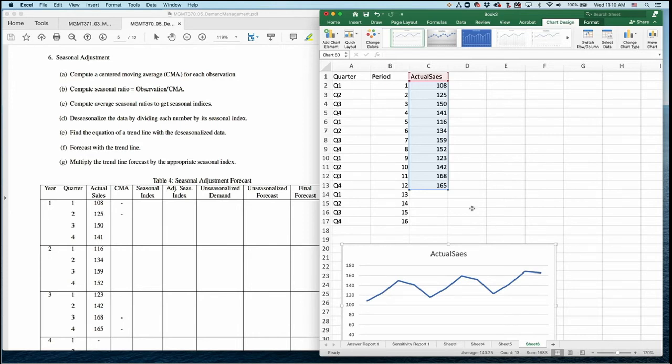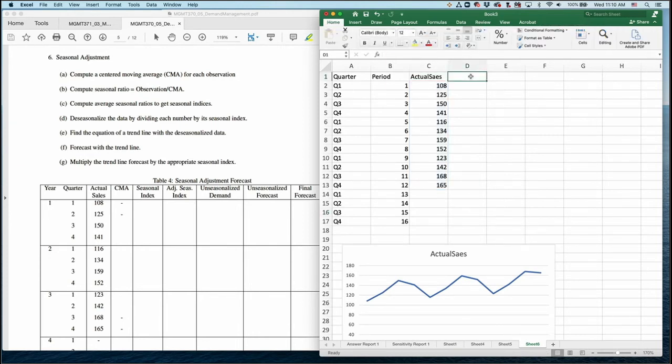For this 4-period case, if we have a 5-period case, exact period 3 is our center, but for this case, we have an even number of seasons, 1, 2, 3, 4, right? That means we do not have a 2.5 seasonal index, so that's why we just move one more period, just half period. Then we have Q3. Q3 case, we have what?